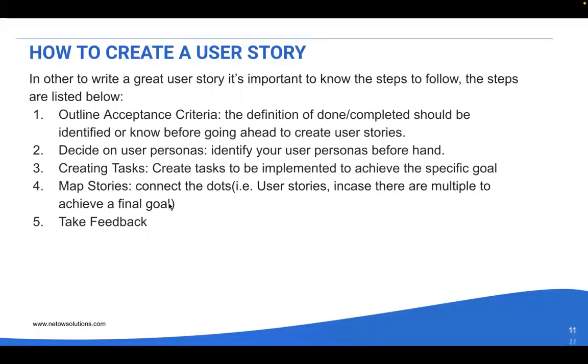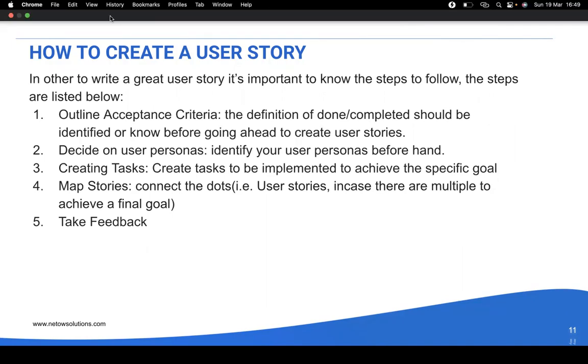Now, how to create a user story? In order to write a great user story, it's important to know the steps to follow, which are listed above. You outline the acceptance criteria, you decide on the user's persona, create a task, map stories, and take feedback.